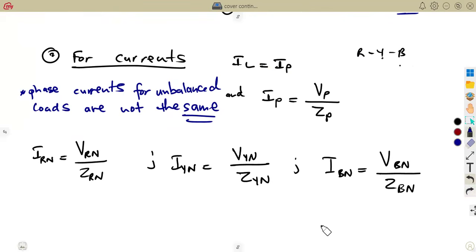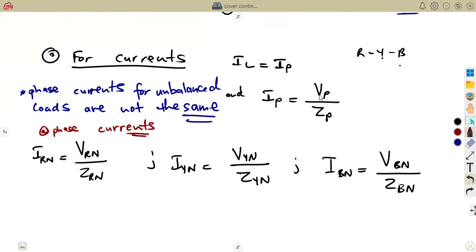Because once we have a value and an angle, it means you can show it on the phasor diagram, the vector diagram. So for the currents, that is what you're going to have in terms of the phase. So let's just say these are phase currents.